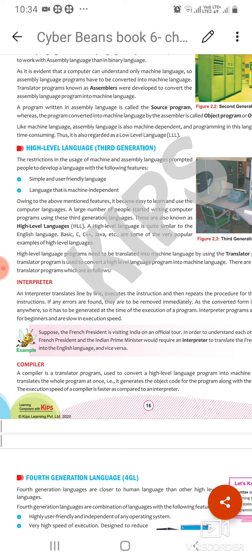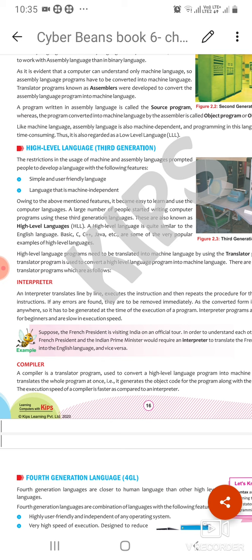When we say simple and user-friendly, we mean that it is well designed and easy to use, as the high level language is quite similar to the English language. The second point is that the language is machine independent. A machine independent language is one that we can run on any machine.